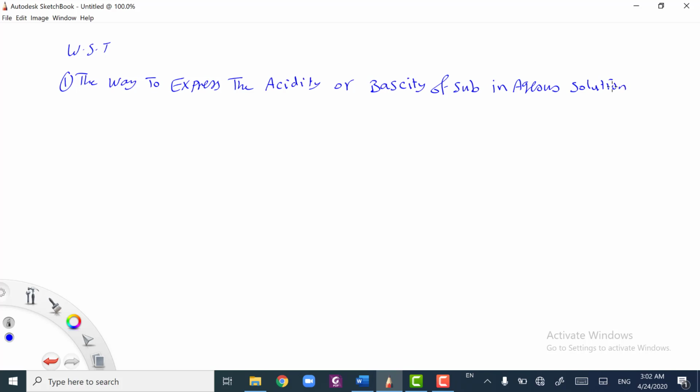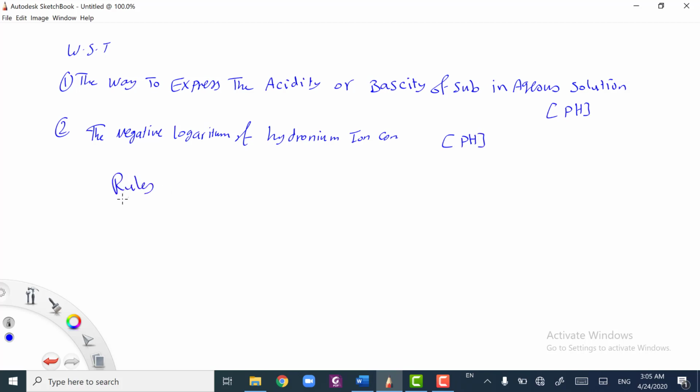It is the pH. The way to express the acidity or the basicity of the substance is called the pH value, the negative logarithm of the hydronium ion concentration.